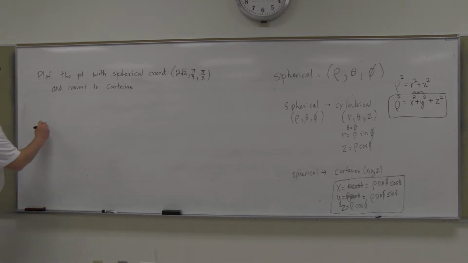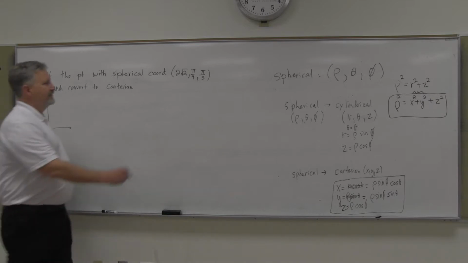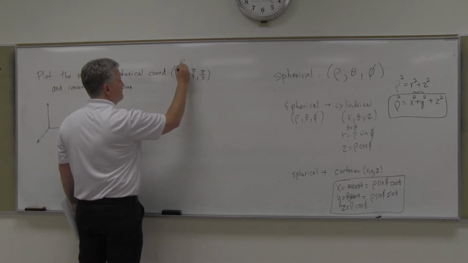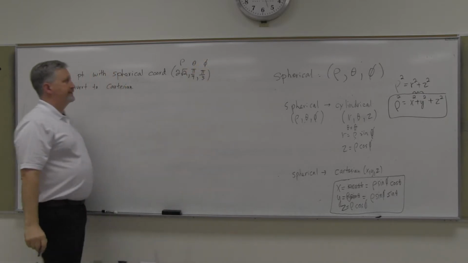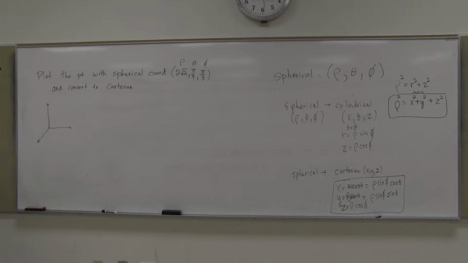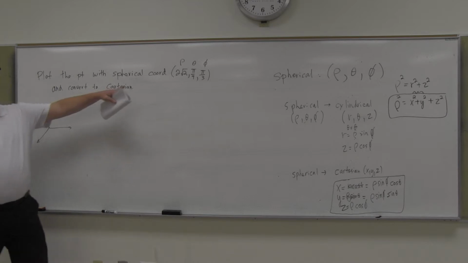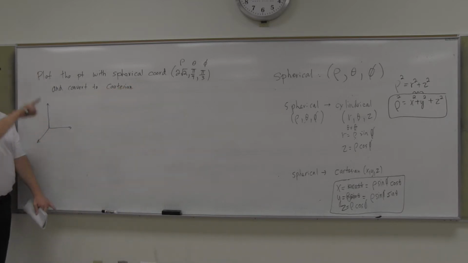All right, so let's see if we can do it spherical wise. All right, so when we got spherical, this is rho, this is theta, this is phi. Probably, you start with the angles here because rho is just the distance from the origin out to the point.